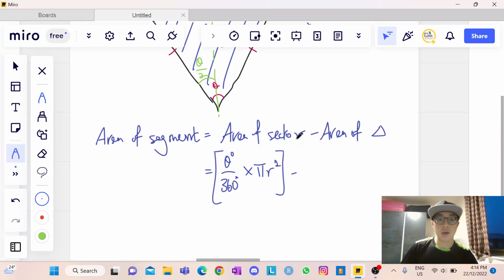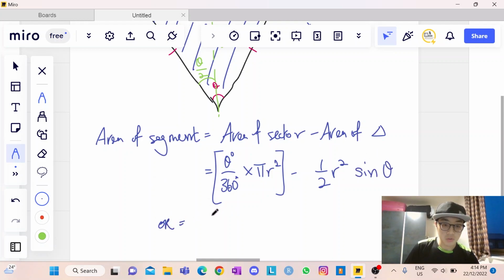So let's try this one right here. The area of triangle can be 1 over 2 AB sine C, which is 1 over 2 r squared sine theta. We will see it later on.